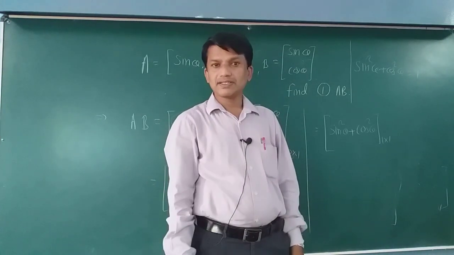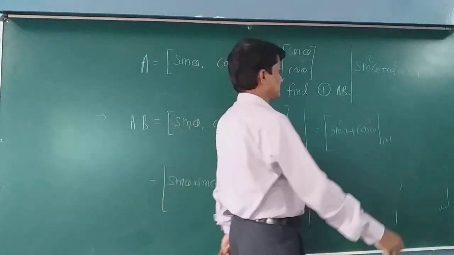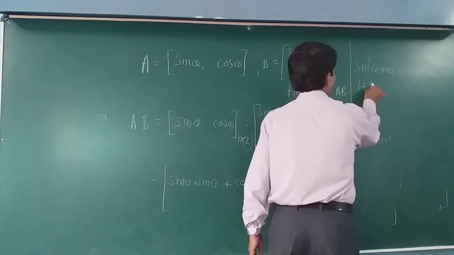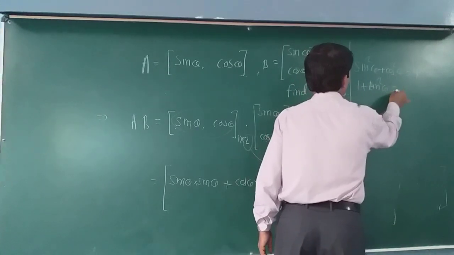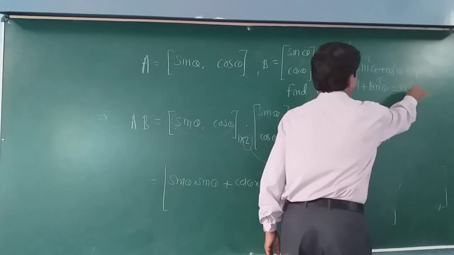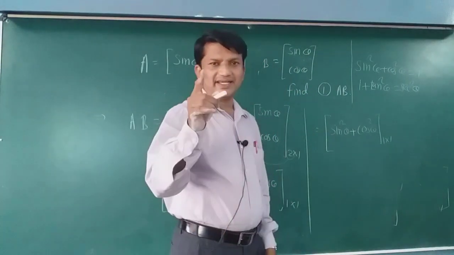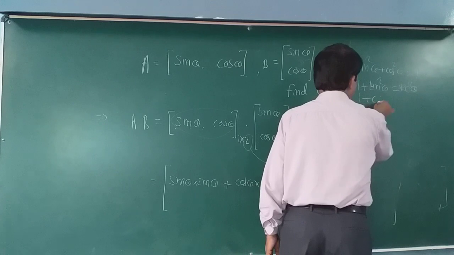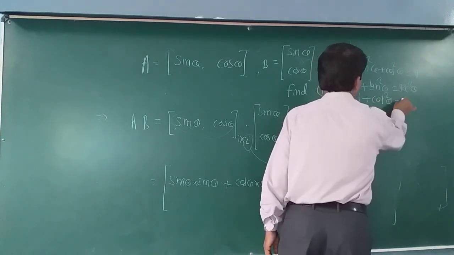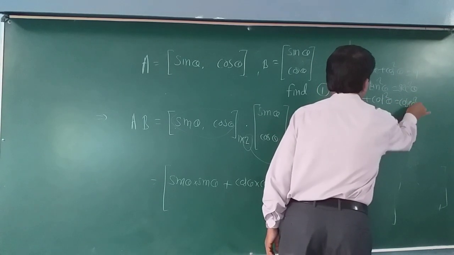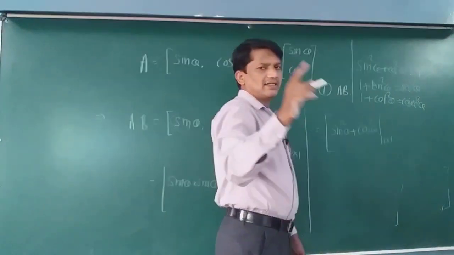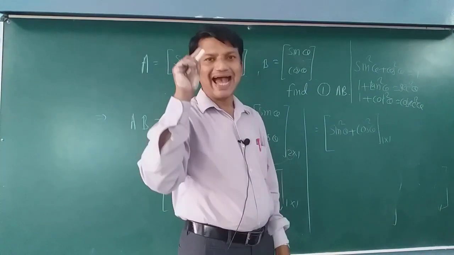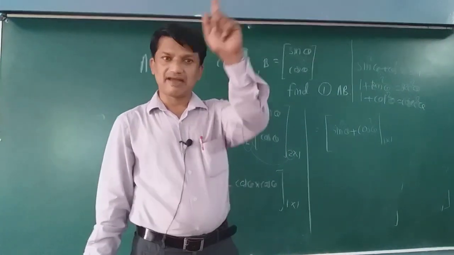The second identity was 1 plus tan square theta equal to sec square theta. And one more identity, 1 plus cot square theta is equal to cosec square theta. These are three important identities in trigonometry.